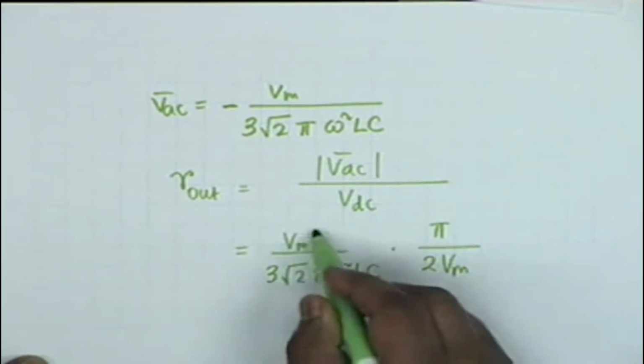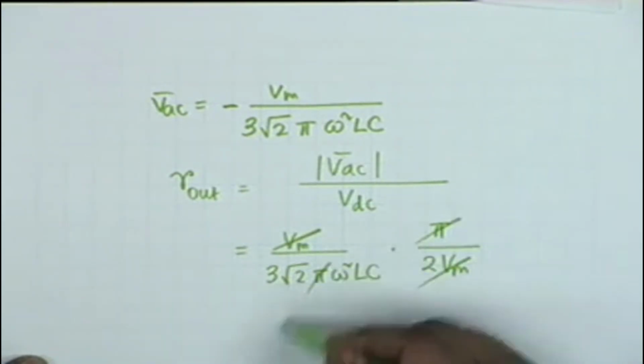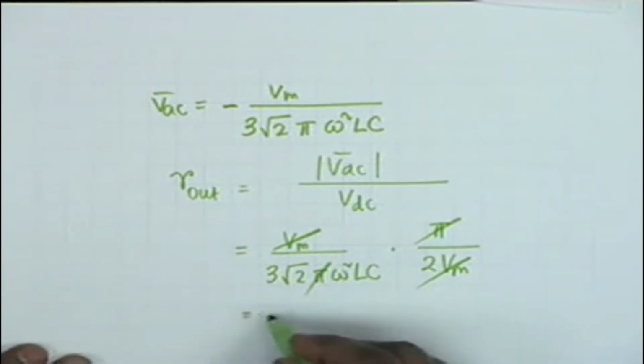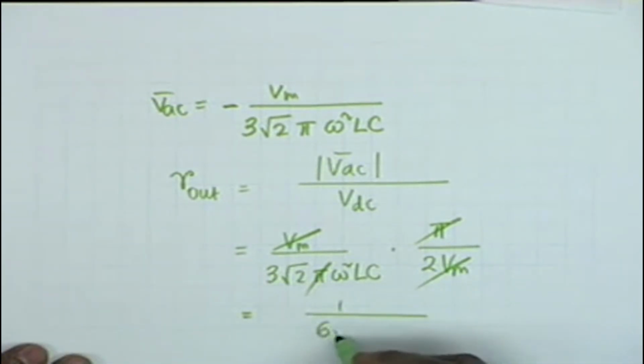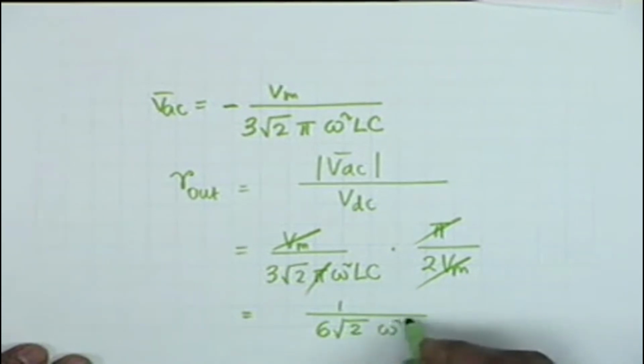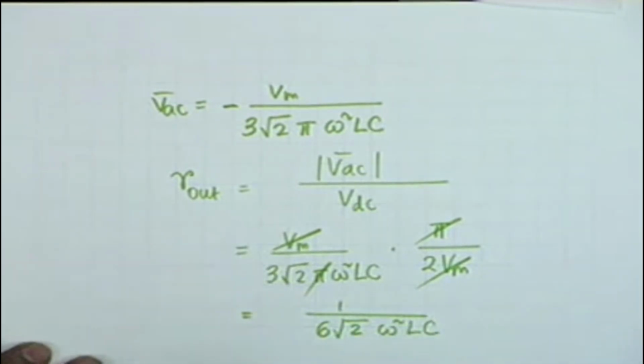Now you cancel out Vm, pi and pi, and therefore this becomes 1 over 6 root 2 omega squared LC. This is the ripple factor at the output.